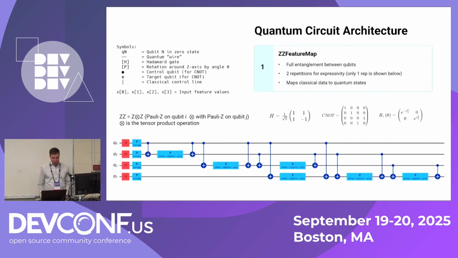Once you've done that, the next step you'll see is the P block, and that's another rotation. Yep, so this one is a rotation around the z-axis, and it's very hard to see, but in essence, it's 2 times x of whatever qubit number it is.